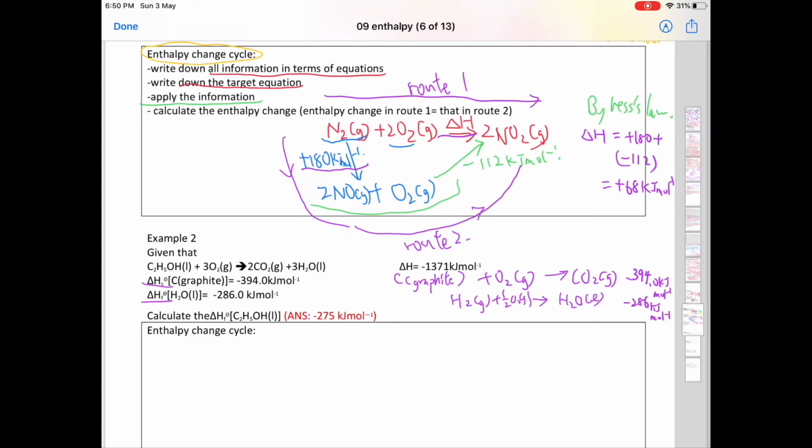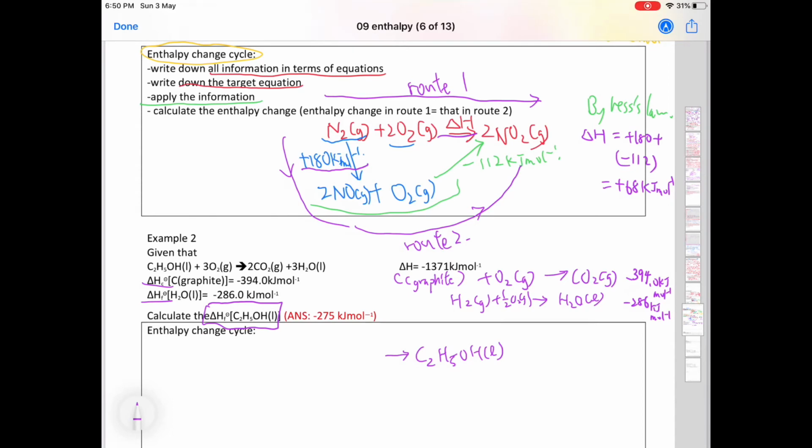And then the second thing is that we need to write down our target equation here. We want to find out the formation of C2H5OH liquid. This is the one we want. And the formation means that 1 mole of this substance is formed, so we have to keep the number before it 1. Is it okay?